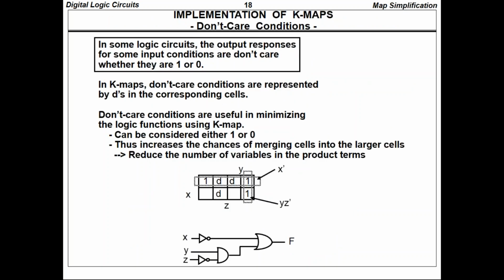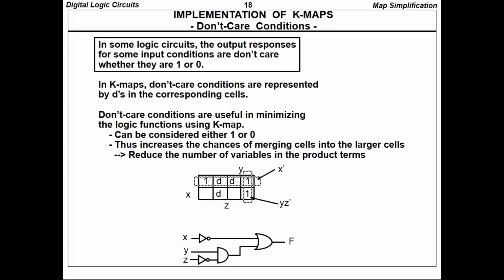Then the next one is the don't care condition. What are don't care conditions? Either 0 or 1 can sit in the box. That means if we don't know the output, we normally take that value as either D or X. If grouping is possible, we consider it as a 1, or it may be 0 if no grouping is possible.